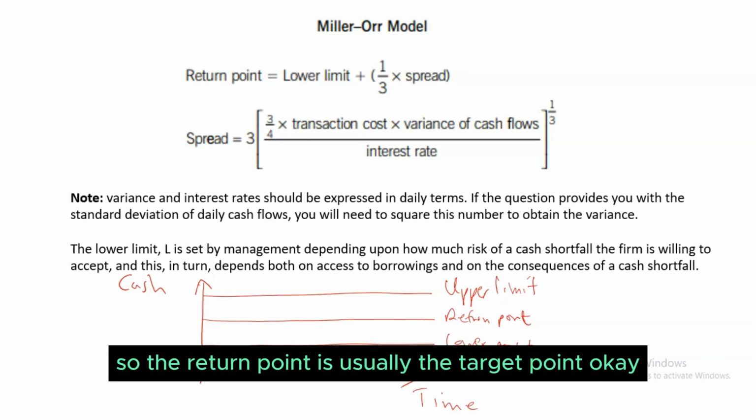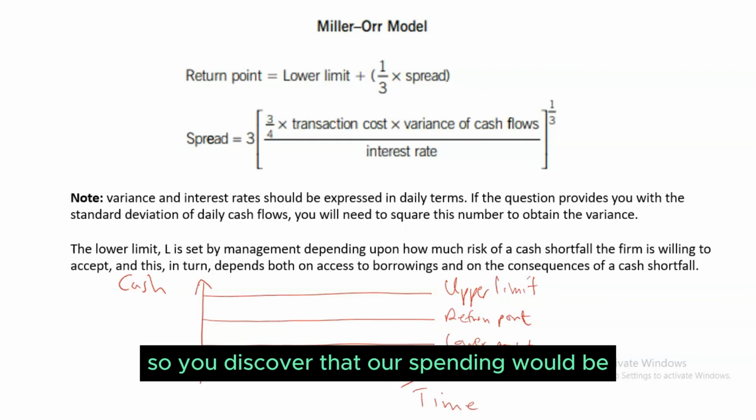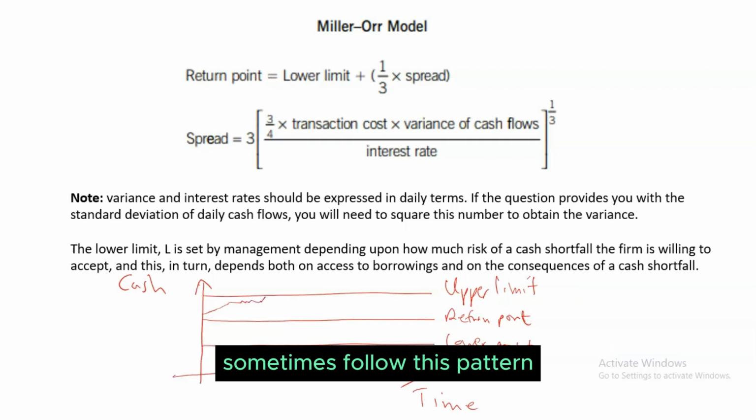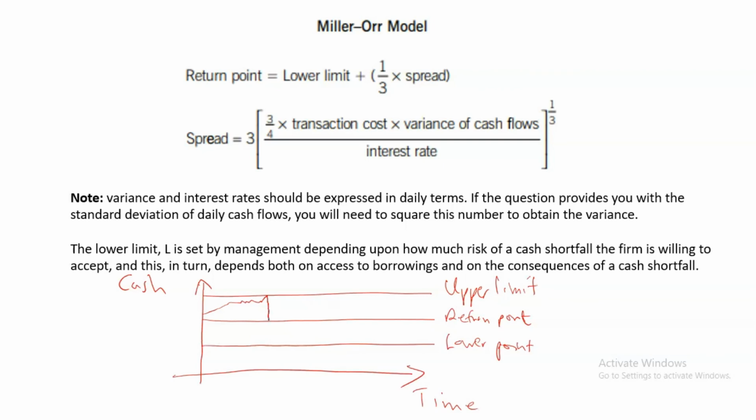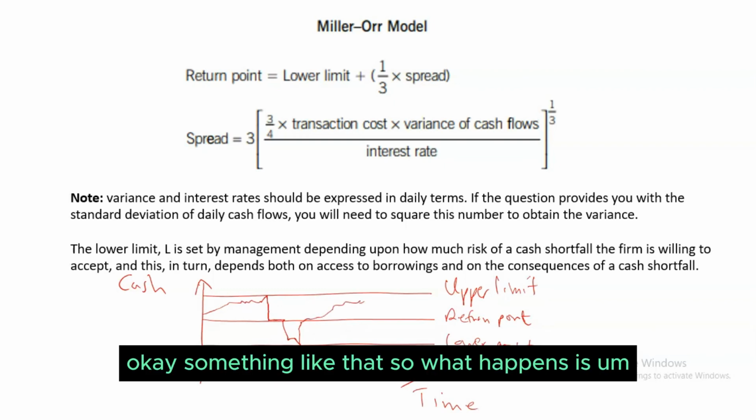So the return point is usually the target point. So you will discover that our spending will sometimes follow this pattern.